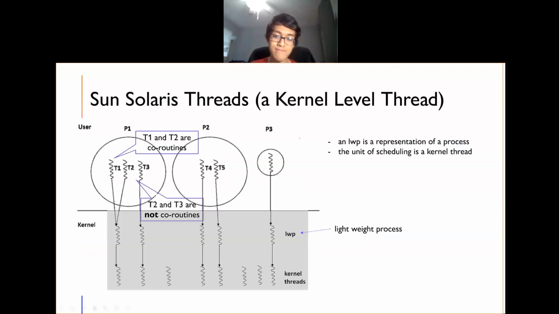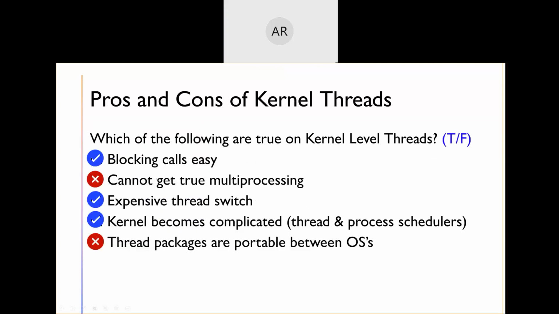Okay, so a question about how expensive kernel level threads are. Compared to user level threads, you still have to do the same sorts of things. You have to relinquish control from one, set up the other, and have it execute.